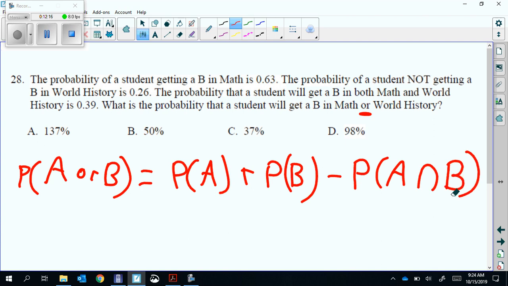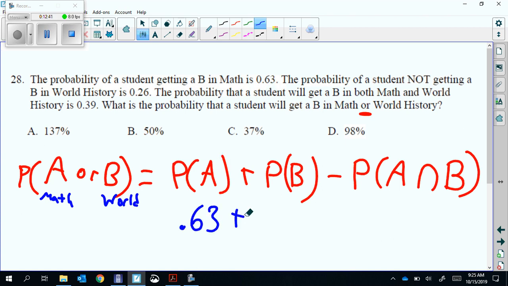So in this word problem, the first thing that we're talking about is what's the probability of getting a B in math or world history. So this is a B in math, and this is world history. And in both cases, we're talking about getting a B. So what's the probability of getting a B in math? That's the first thing. 0.63.